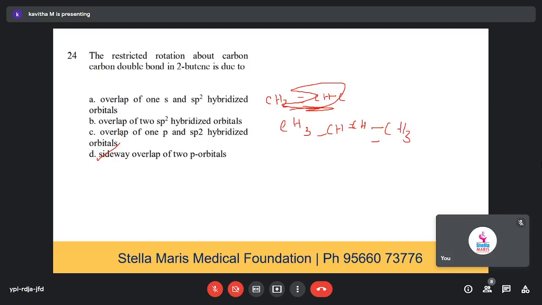How are pi bonds formed? Pi bonds are formed by sideways overlap. That is the answer. The restricted rotation is due to the presence of the pi bond, and the pi bond is formed because of sideways overlap. Is it clear? Yes, ma'am.